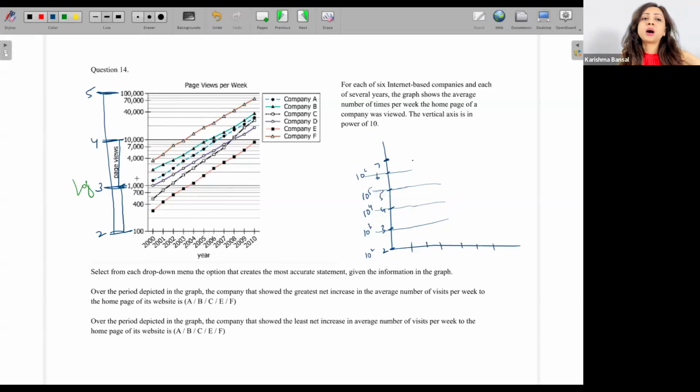These are the powers of 10, equally placed, but the numbers increase very, very rapidly as you go up. So when you have a logarithmic scale, as you go higher, the numbers increase extremely rapidly. Here the question asks, over the period depicted, which company showed the greatest net increase in the average number of visits on its homepage.